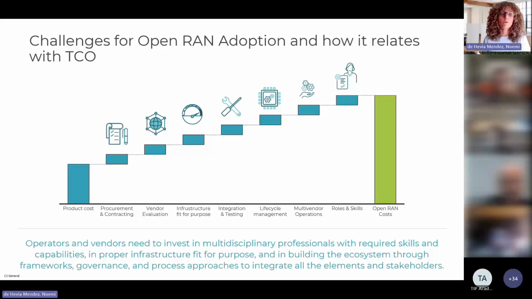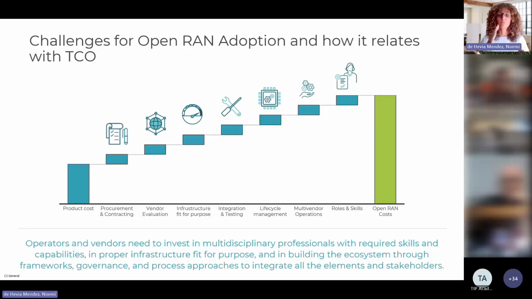These challenges also impact the TCO, as the operators need to invest in multidisciplinary professionals with required skills and capabilities, in infrastructure fit for purpose, and in building the ecosystem through frameworks, governance, and process approaches to integrate all the components and stakeholders.